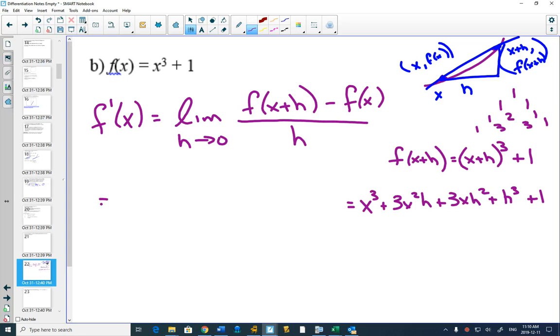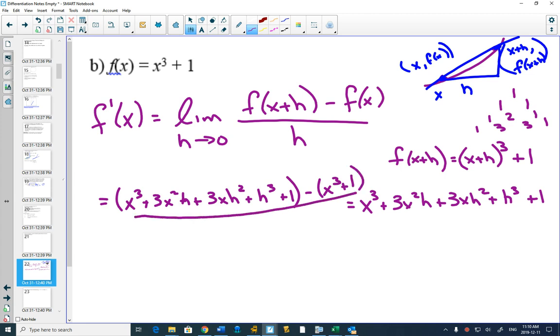So now I'm going to write that in for f of x plus h. X cubed plus 3x squared h plus 3xh squared plus h cubed plus 1 minus f of x, which is x cubed plus 1, all over h.